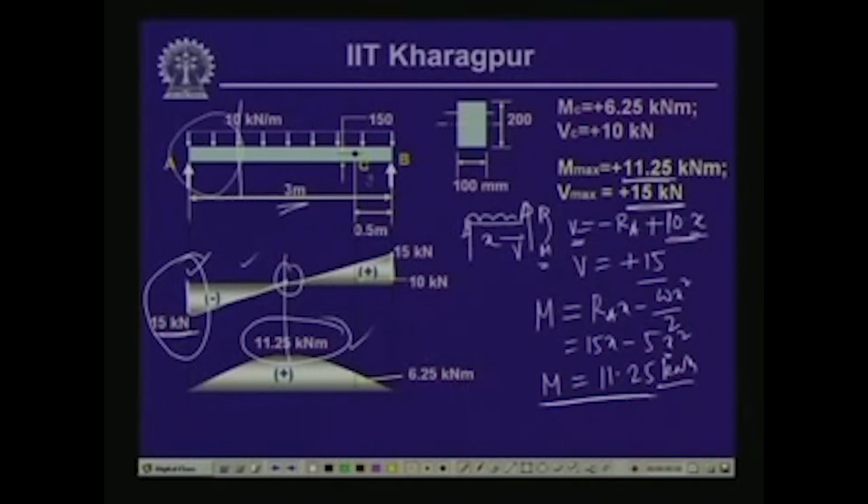And we have to compute the value of the bending stress and the shear stress at point C, where the bending moment at point C is equal to 6.25 kilonewton meter, and the shear force at point C is equal to 10 kilonewton. So, corresponding to these values of the shear force and the bending moment, if we compute the stresses, then the stress and the moment become like this.